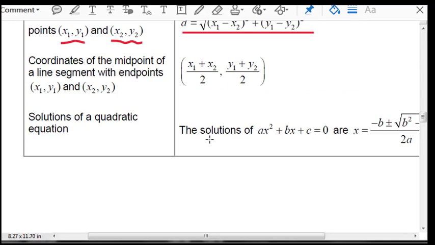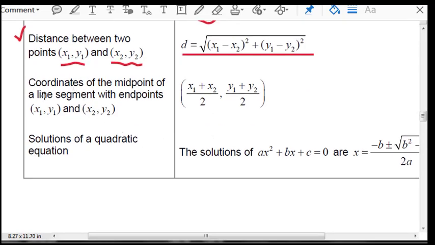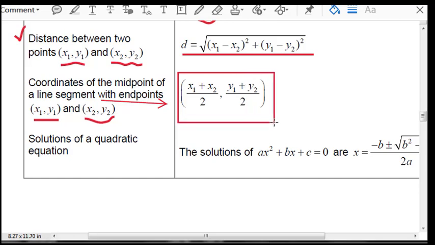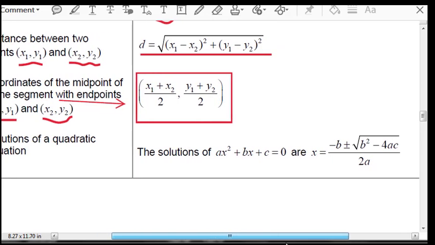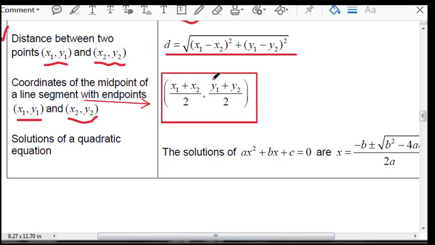Coordinates of the midpoint of a line segment with endpoints x1, y1 and x2, y2. For finding the midpoint of a line segment, the formula is (x1 plus x2) over 2, comma, (y1 plus y2) over 2.